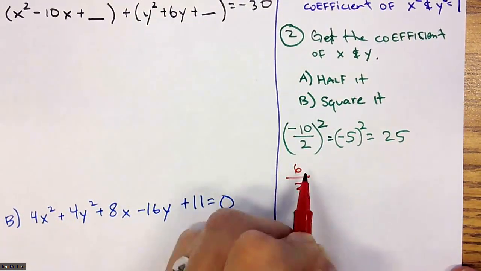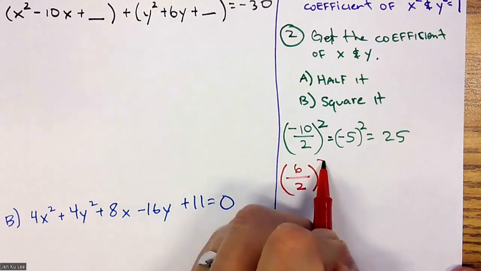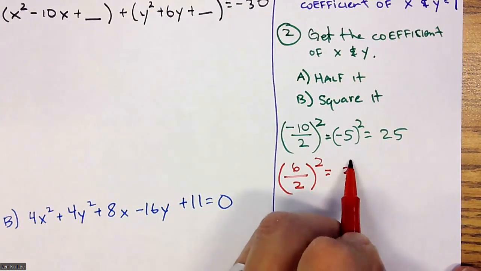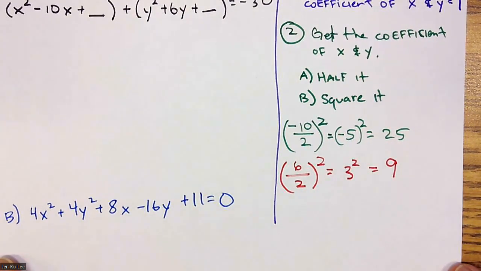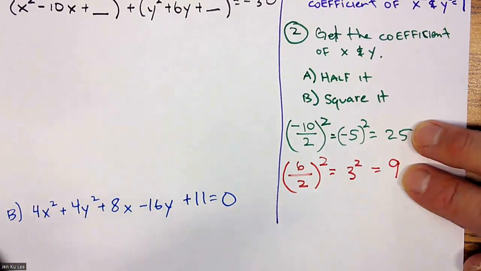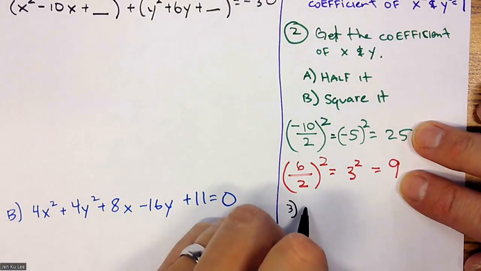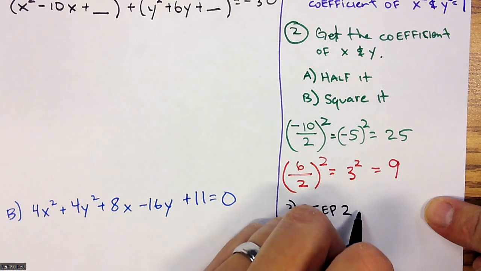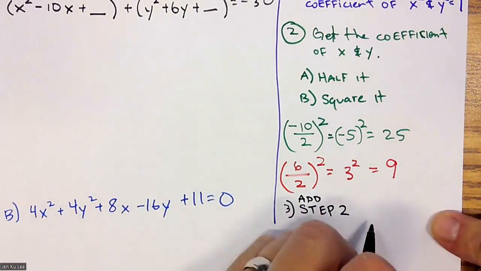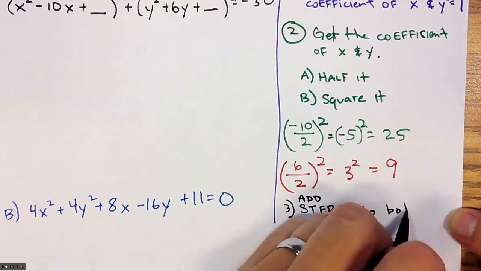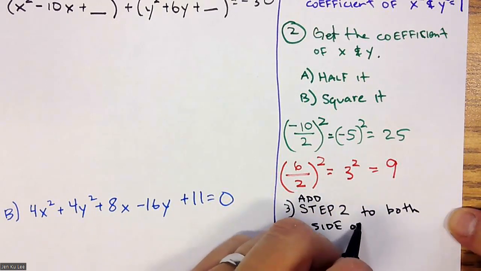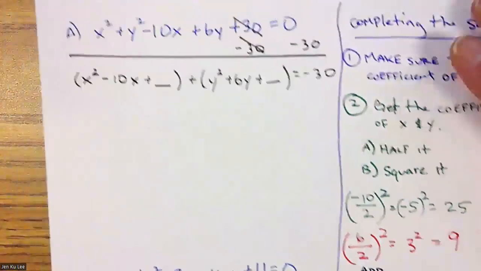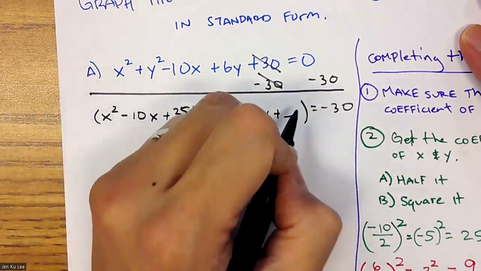I'm going to do the same thing with the 6, which is the y here. So 6, half it, square it. So 6 divided by 2 is 3. 3 squared is 9, right? And what we're going to do here with these two numbers, step 2, add step 2 to both sides of the equation. So the 25 and the 9, I'm going to put it here, and I'm going to put it here.